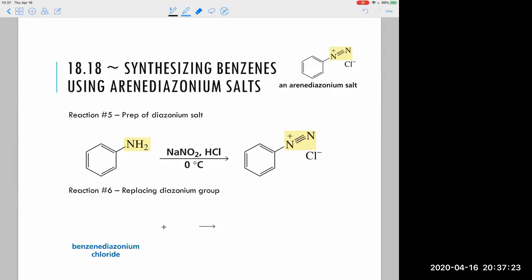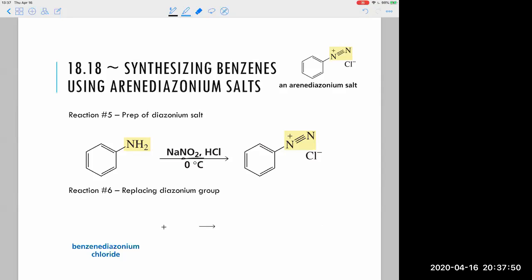All right, and notice that this is now NaNO2, not the HNO3 that we were using to nitrate it before. It's a pretty minor mistake in the scheme of things, but just something to watch out for. We don't really care about getting our diazonium salt as an end product here, but this is really important because it now opens up a new type of reaction.